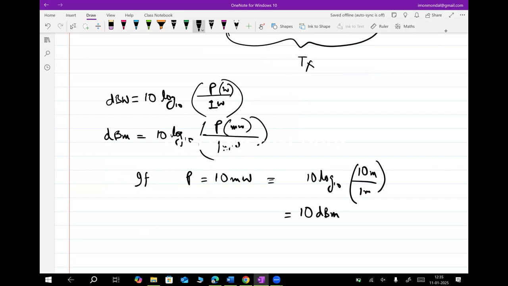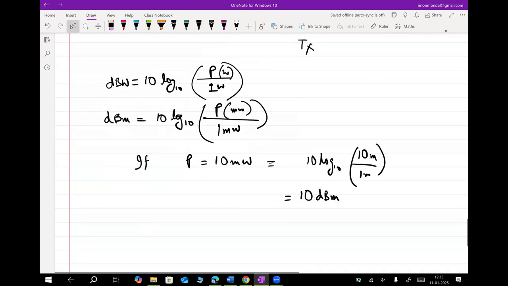So if a PA is transmitting 10 milliwatt power, it is transmitting 10 dBm, a very handy number. Often you will see people refer to a 0 dBm PA. Similarly, 0 dBm refers to how much? 1 milliwatt, right? So every factor of 10 in power corresponds to an addition of 10 in dB.